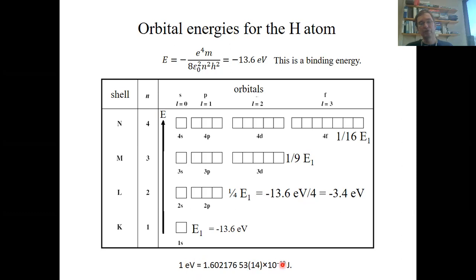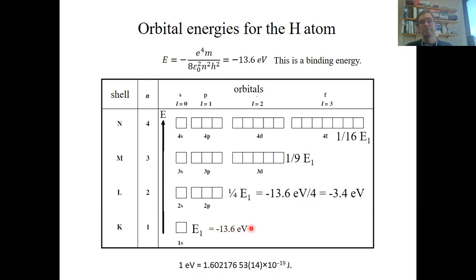In joules, this is 1.602 times 10 to the minus 19 joules. So this is a very small energy unit, which is useful for very small energies, and orbital energies are generally very small. Okay, so the 1s orbital has the lowest energy of minus 13.6 electron volts.